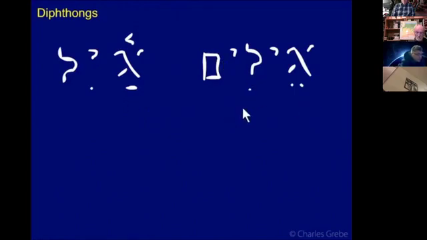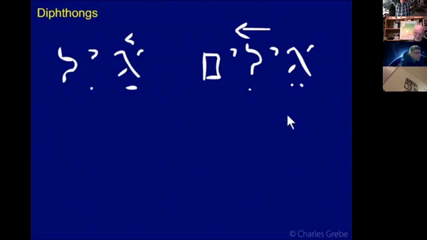Ayil becomes elim. Now, what's going on here? When you add an ending, a suffix ending, in this case a plural ending, then the stress moves over here. Notice ayil has the stress here, and both bayit and tavech, the two we just looked at, also had the stress at the beginning. And when you add an ending, the stress moves and the diphthong contracts.